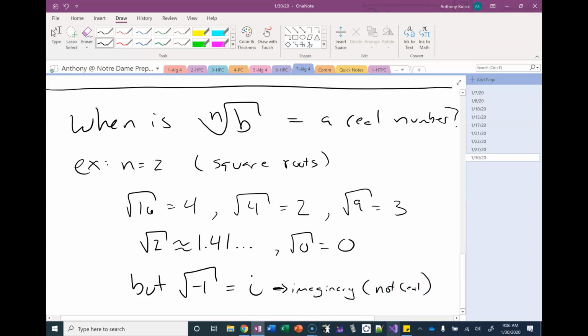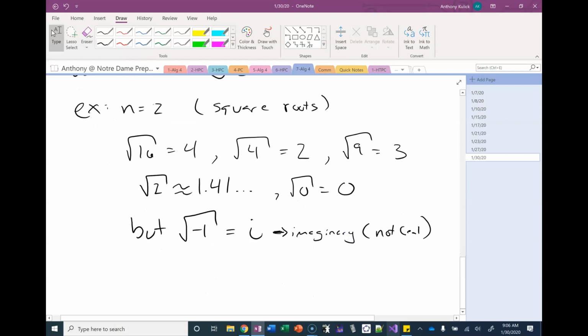So when we take the square root of a negative, we get an imaginary number back. Those are not real numbers. So the square root of b is equal to a real number if b is greater than or equal to 0.